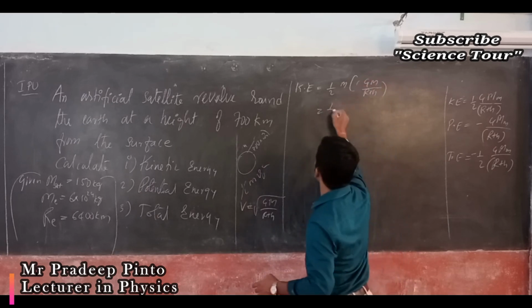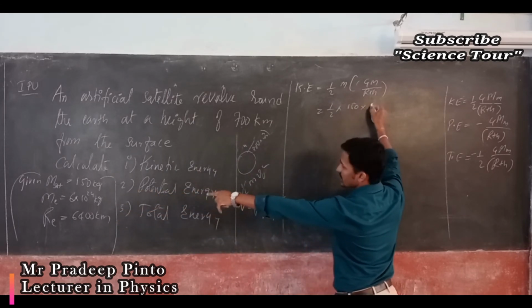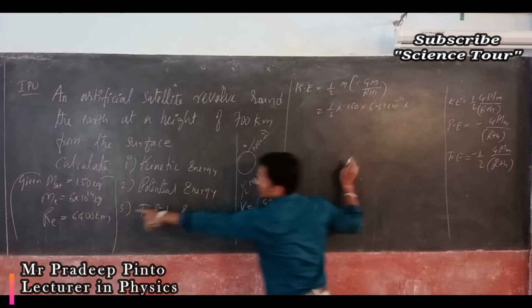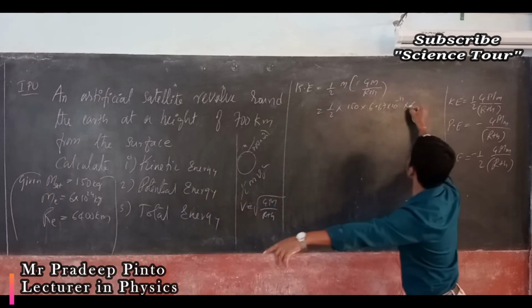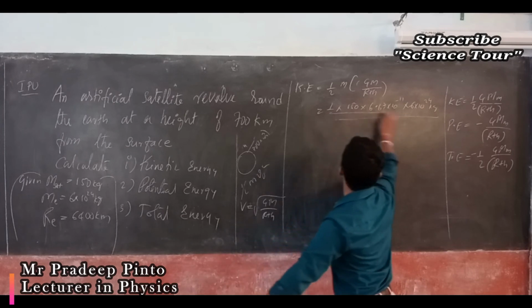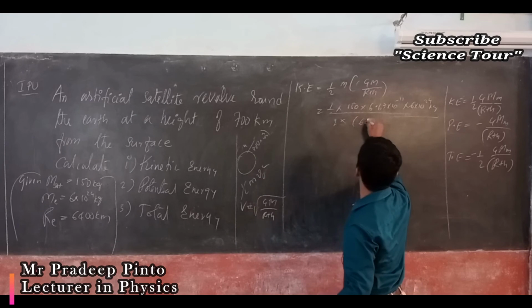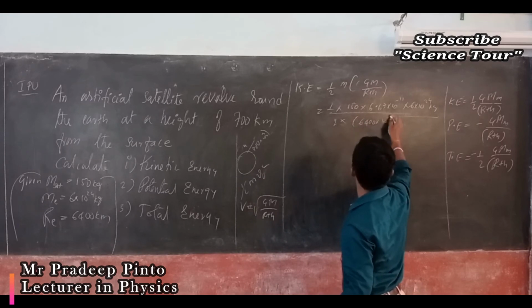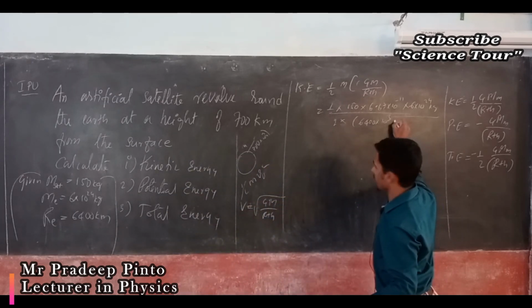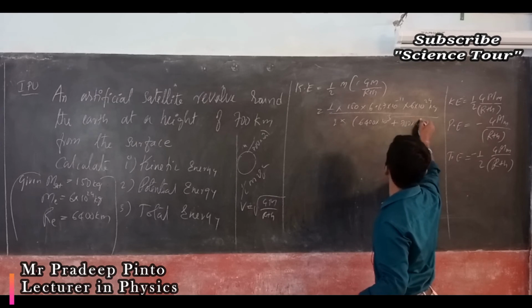Substitute, that is given: half into mass of the satellite, it is given here, that is 150, into G is 6.67 into 10 to the power minus 11 into mass of the earth, that is nothing but 6 into 10 to the power 24 kg, divided by r plus h, that is 6400 into 10 to the power 3 plus h, that is 700 into 10 to the power 3.